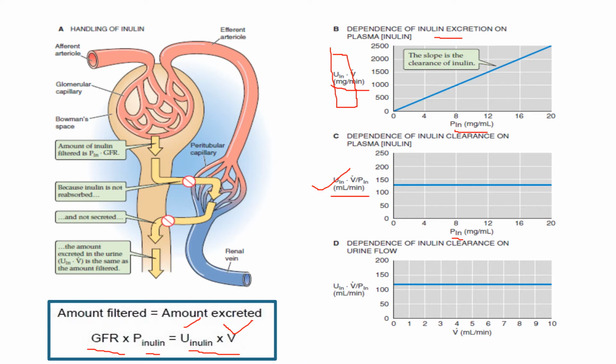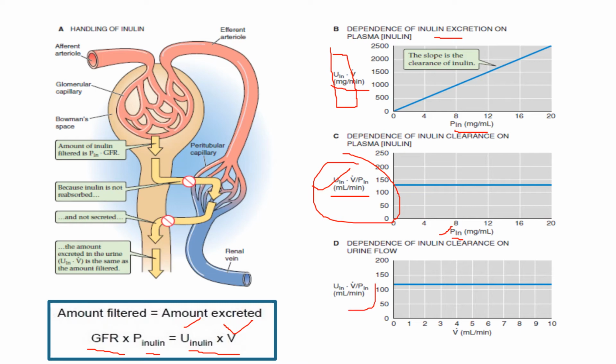From this picture we can say that inulin clearance is independent of the plasma inulin concentration. So it is a flat line like this.